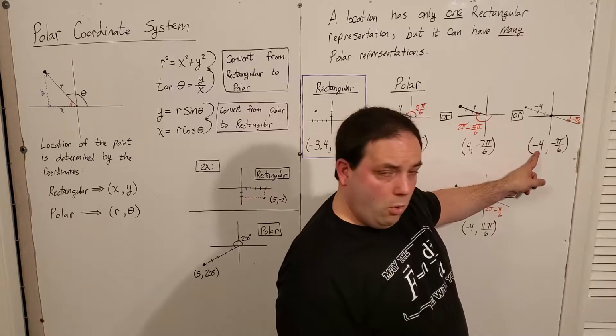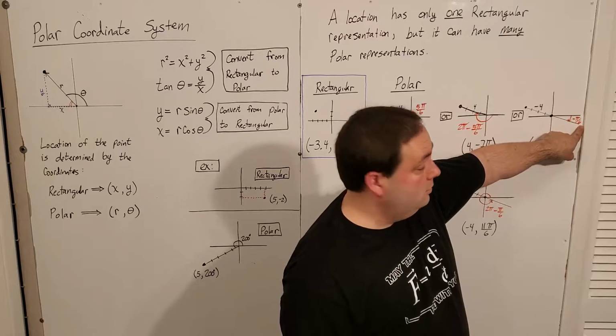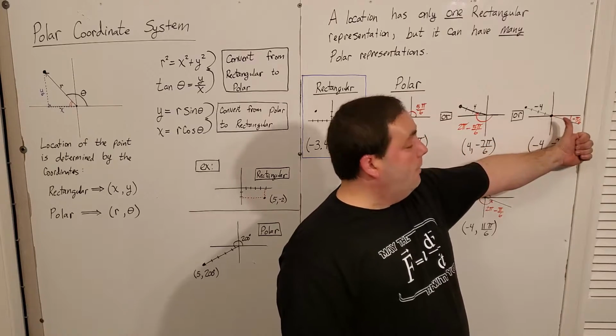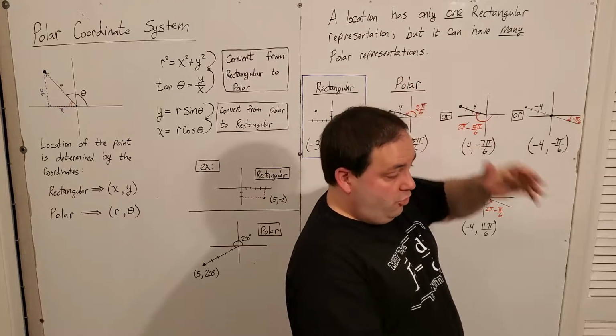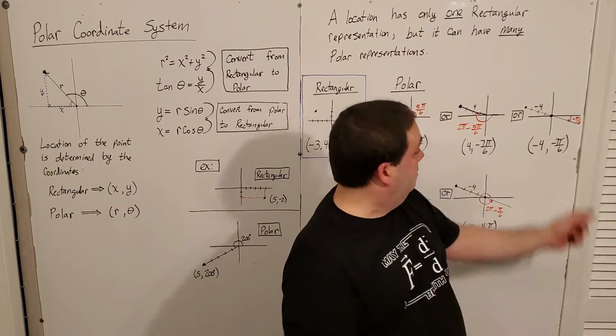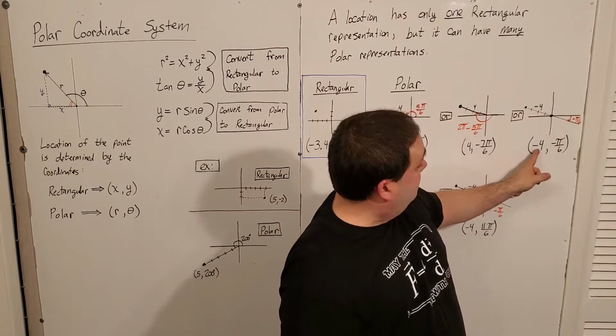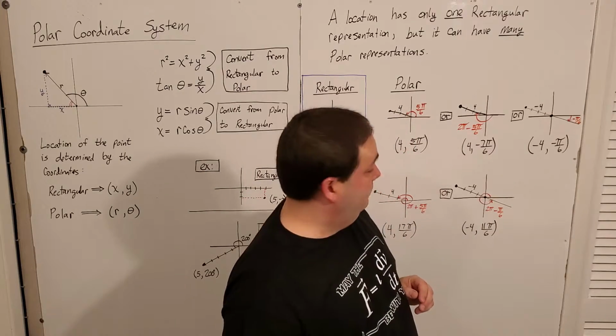If it had been 4, negative pi over 6, the point would be over here. But since it's negative 4, I'm moving away from the direction that theta is pointing. It's exactly anti-parallel. Notice it's in the same location because I'm using a negative r value.